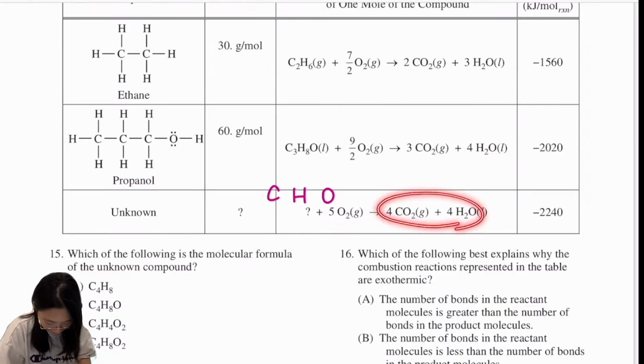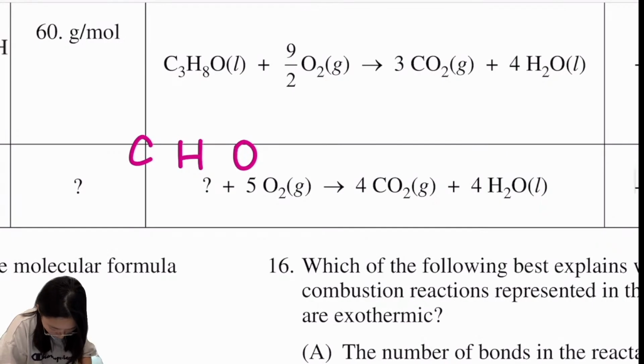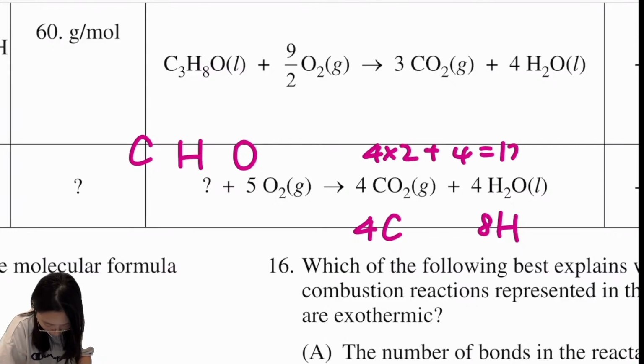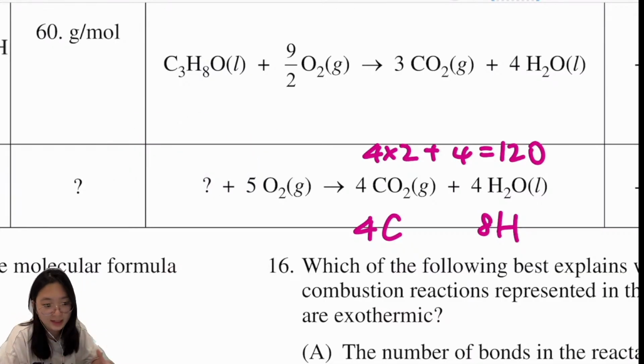On the product side, I have 4 carbon and 8 hydrogen, and I have 4 times 2 plus 4, which is 12 oxygen. Which means on the left side, I should have exactly the same number of atoms for each species.